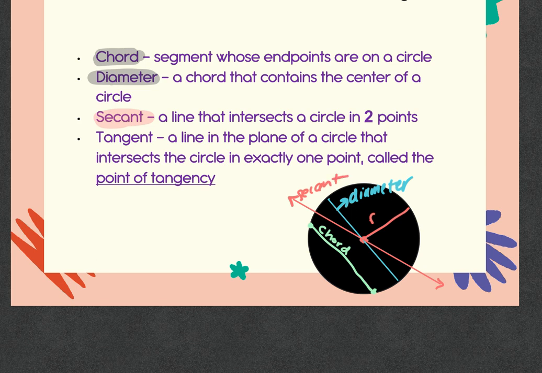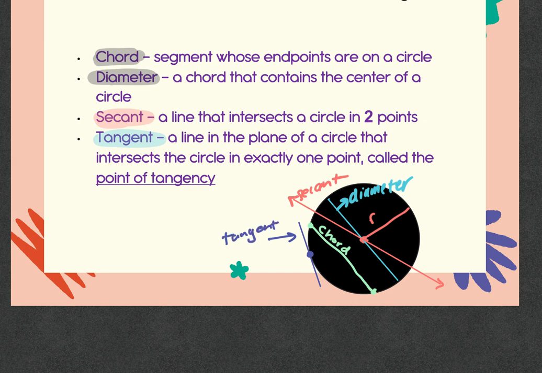And a tangent is a line in the plane of a circle that intersects the circle at exactly 1 point, called the point of tangency. So a tangent bumps up against the circle, but does not cross into the circle.